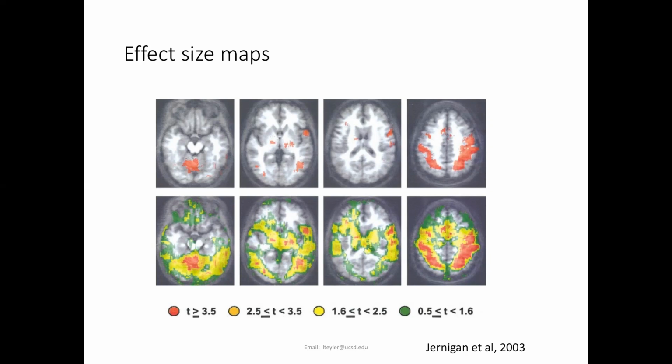And this is a paper that I have on the assignment as well, Jernigan et al., and Chris Fennema-Notestine, who was here, was one of the co-authors, saying that it's really important. For example, if you were just to look at the top here, you might say that this tapping task only activates the right motor cortex.